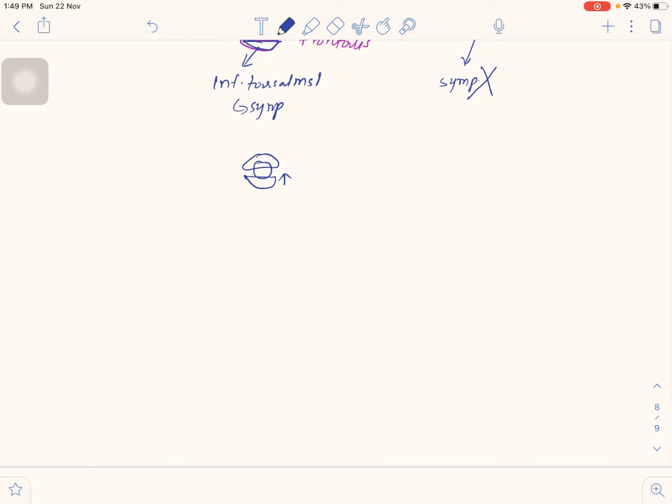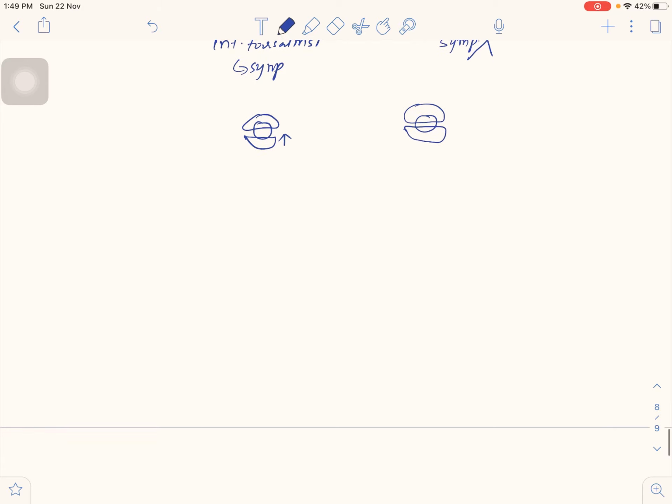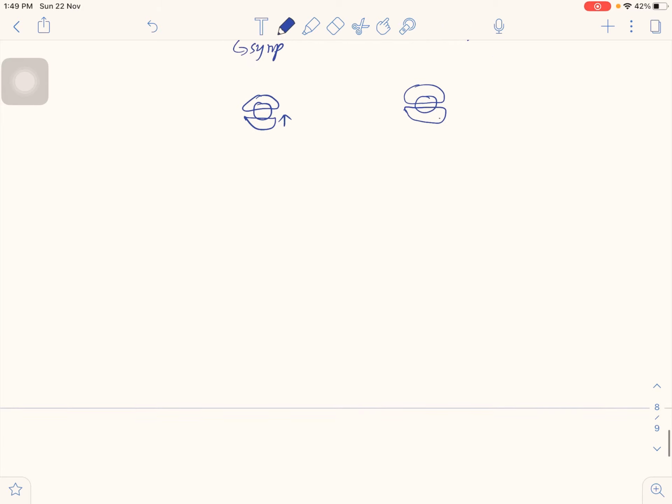Because of this, it drags the eyelid up. So it looks like this. This is also called inverse ptosis.